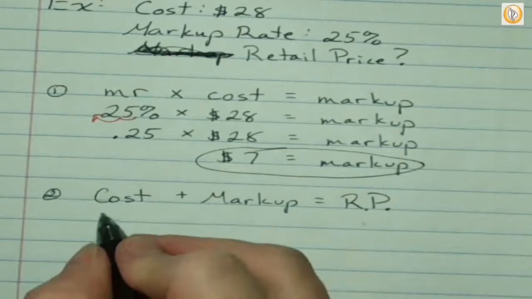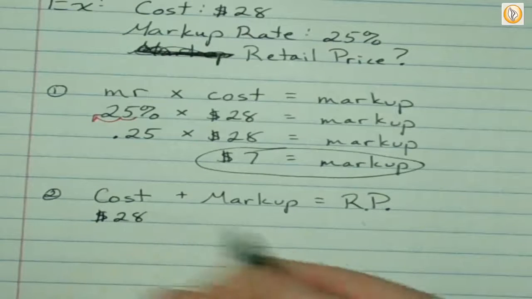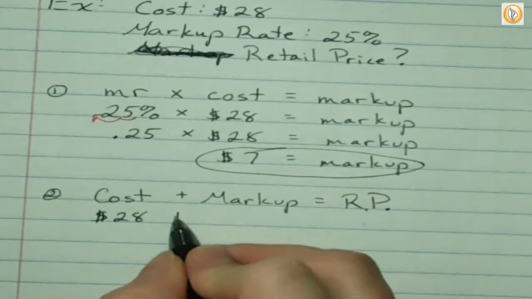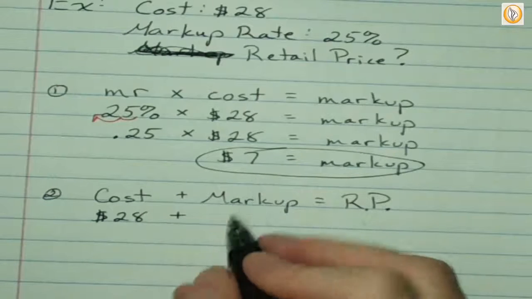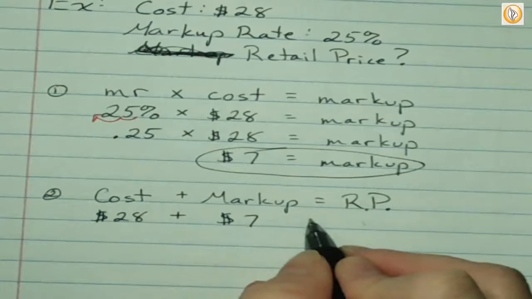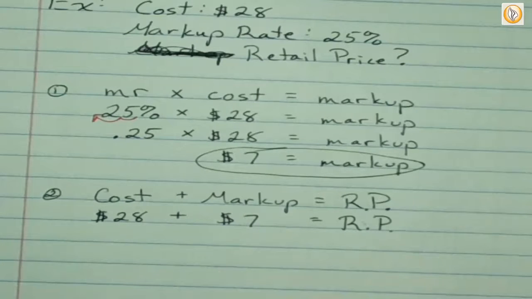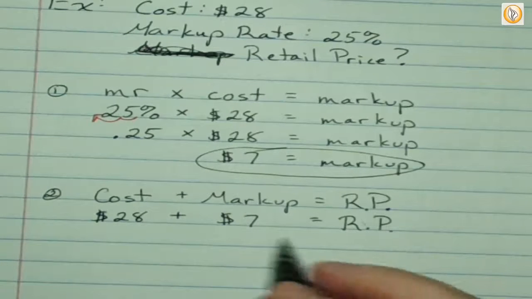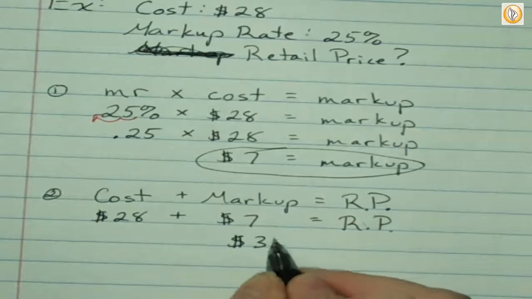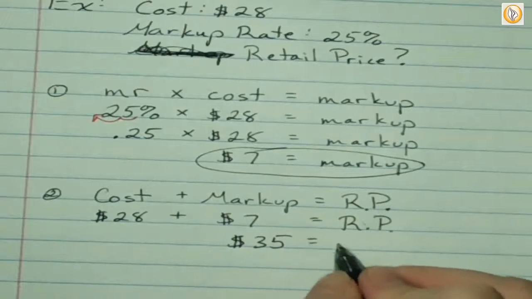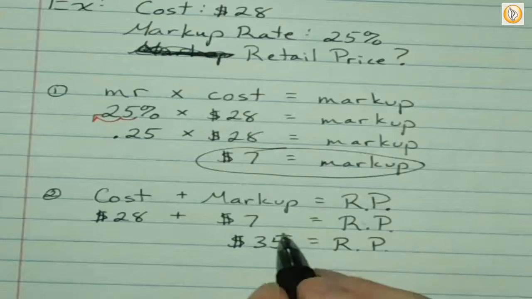My cost is 28. My markup is 7. $28 plus 7 is 35. So my retail price, what you pay, is $35.